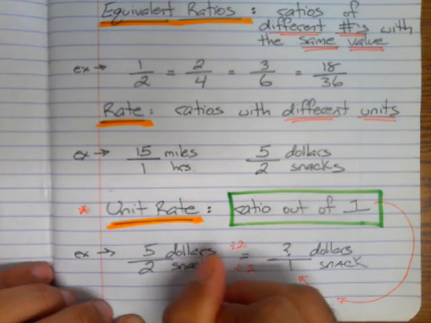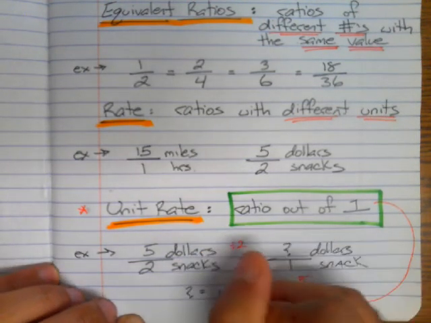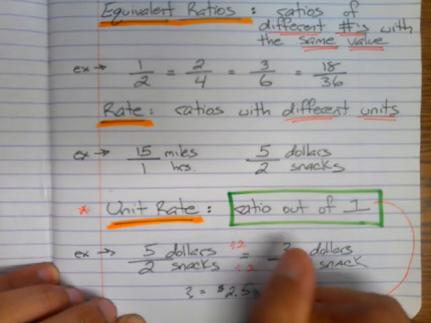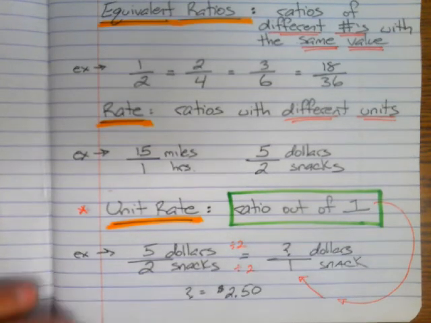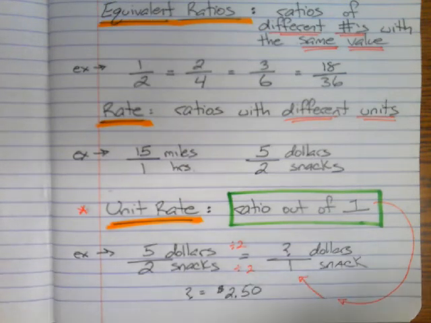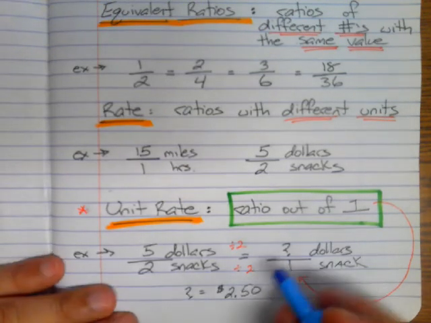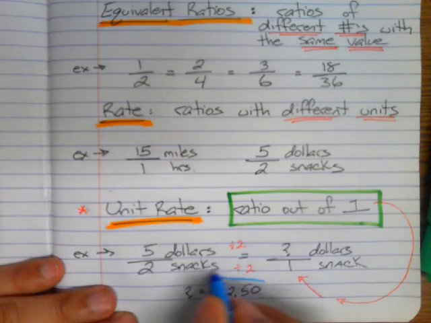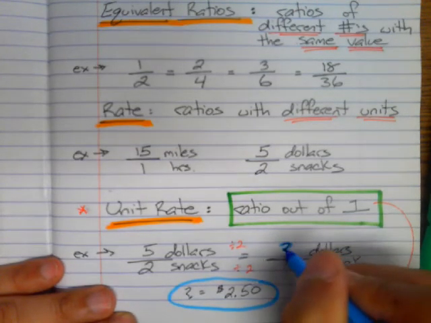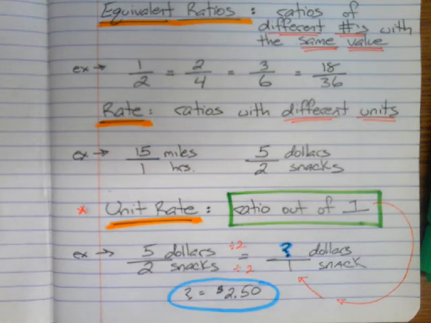It'll cost us $2.50. Let's do that in blue. $2.50 would be how much it would cost for 1 snack. Anything out of 1 is called the unit rate.